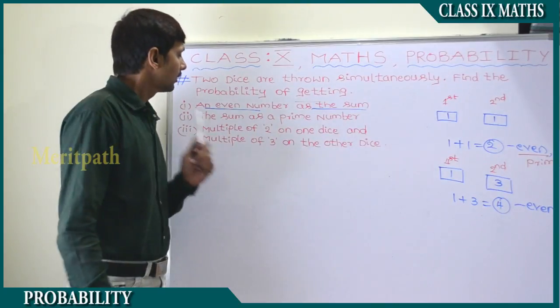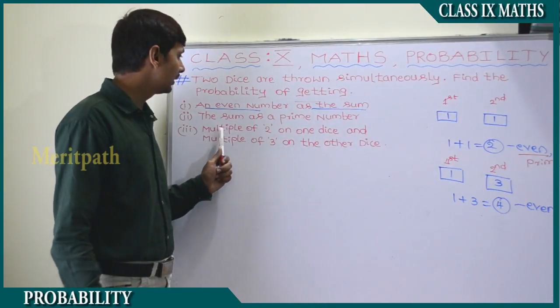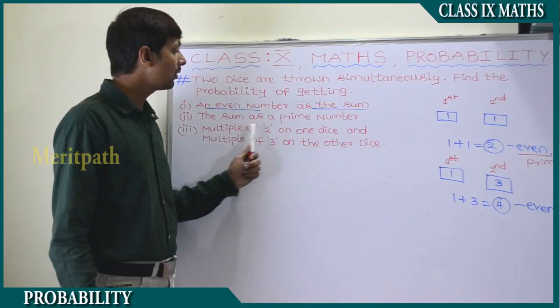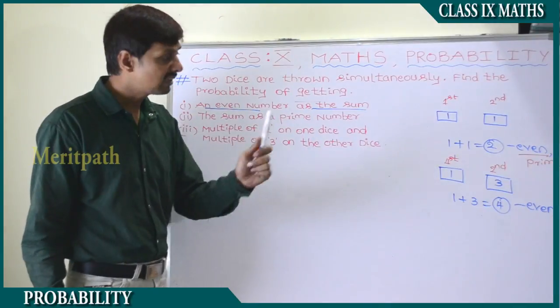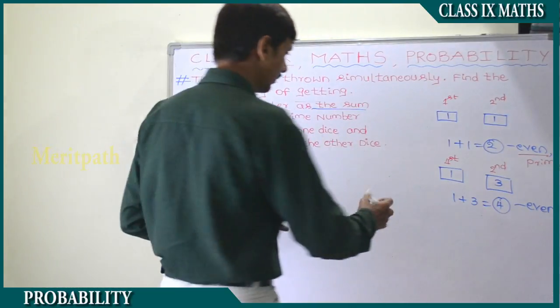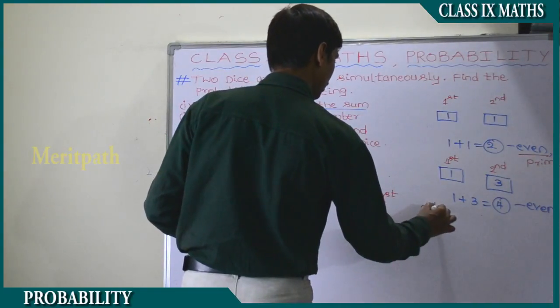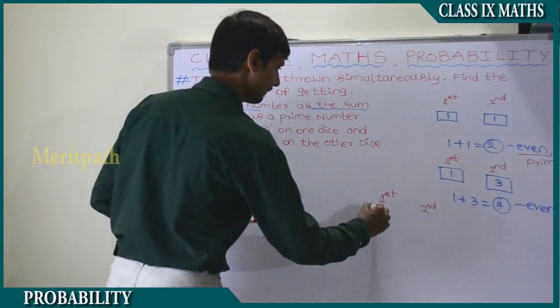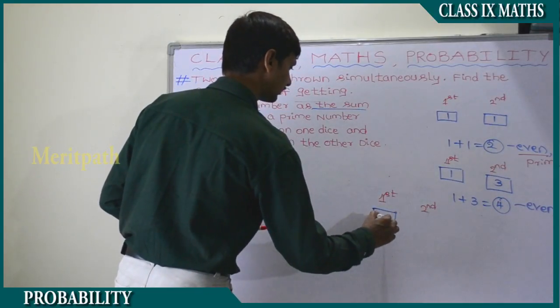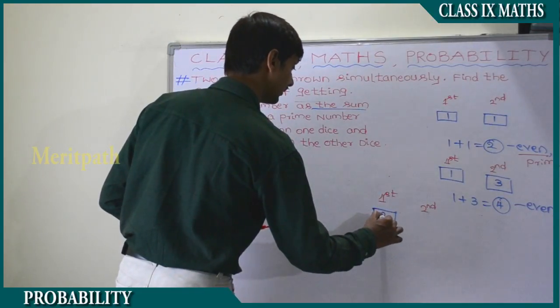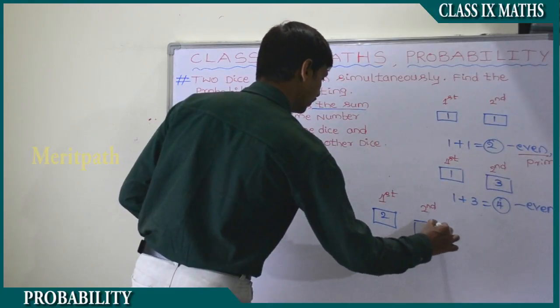The next one is multiple of 2 on one dice. For example, on the first dice, a multiple of 2. Let us take 2, and the next multiple of 2 is 4.